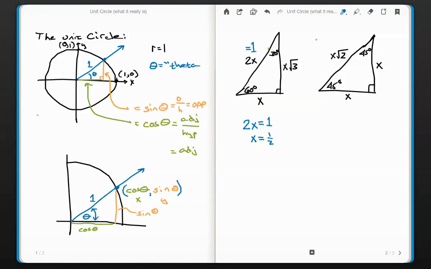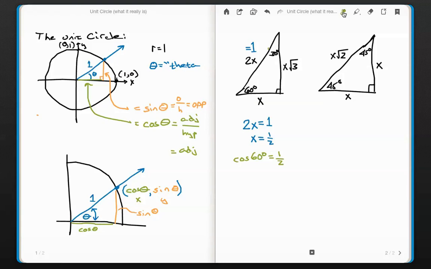Or I can say that, I'll do this in green, the cosine of 60 degrees equals 1/2 every time. Every time.